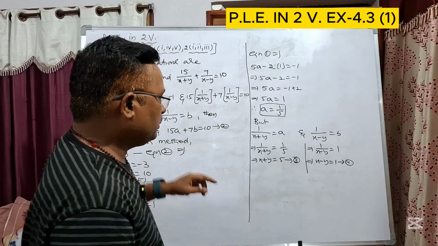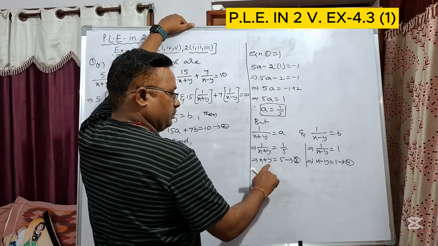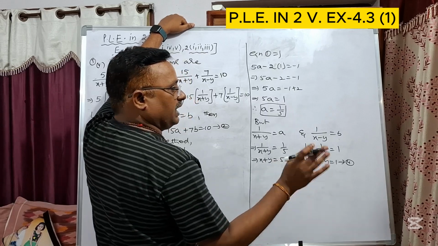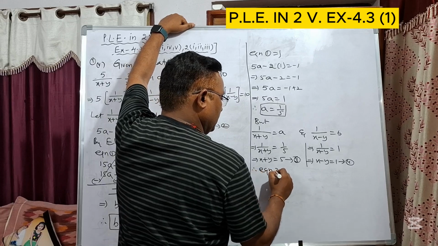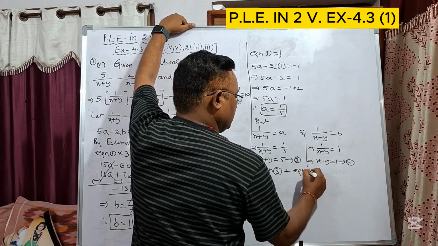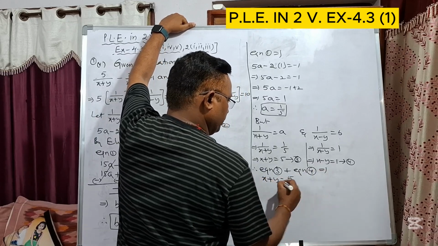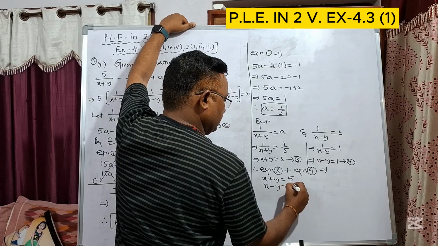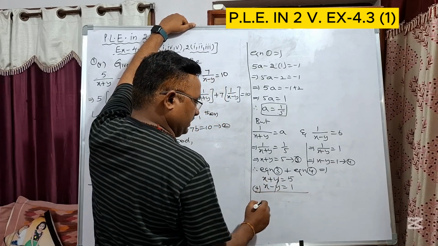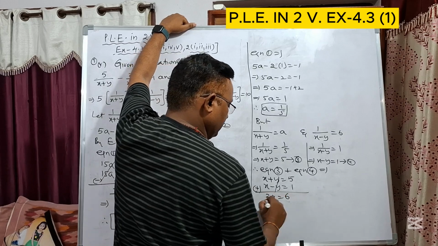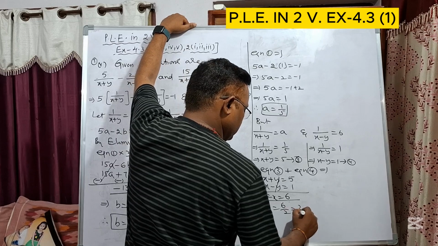So just add equation 3 and 4, because plus y minus y by the addition they will get cancelled. Therefore equation 3 plus equation 4 implies x plus y equal to 5, x minus y equal to 1. Add them, plus y minus y cancel, 2x equal to 6. That implies x equal to 6 by 2 equal to 3.